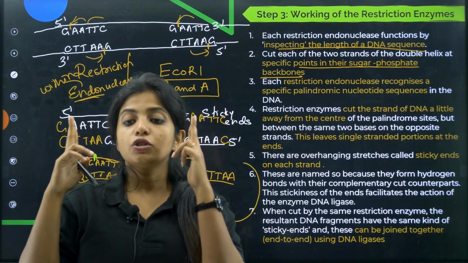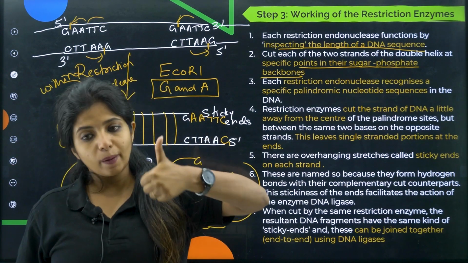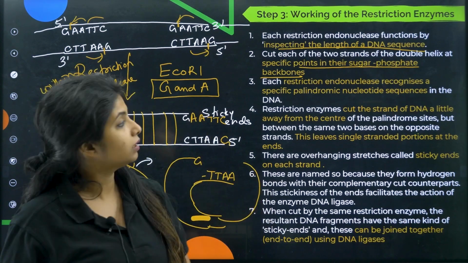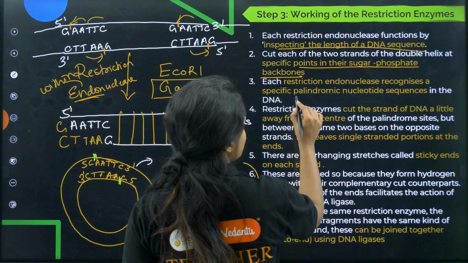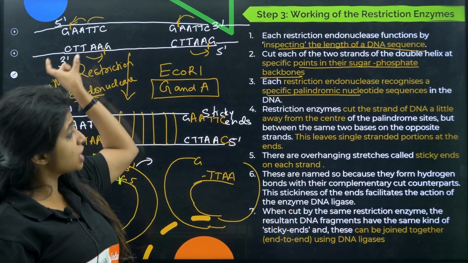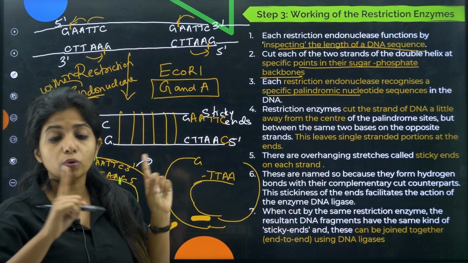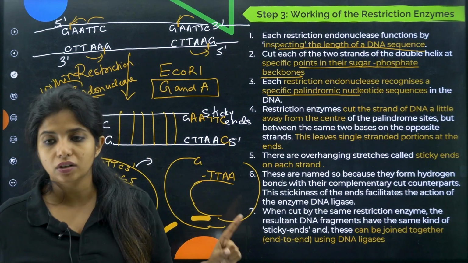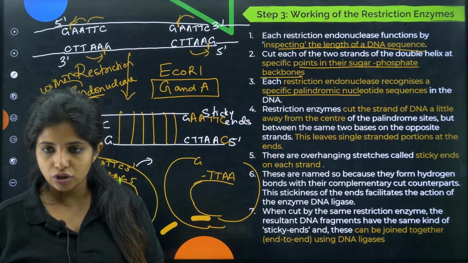Third, each restriction endonuclease recognizes a specific palindromic nucleotide sequence. No two restriction enzymes will have the same palindromic sequence. They will always have different restriction sites or recognition sites.